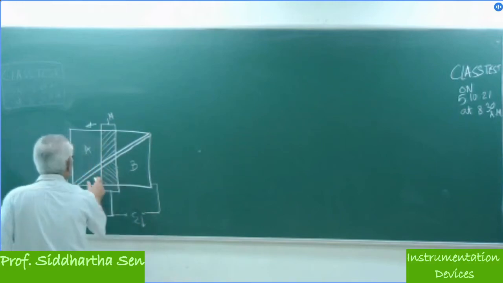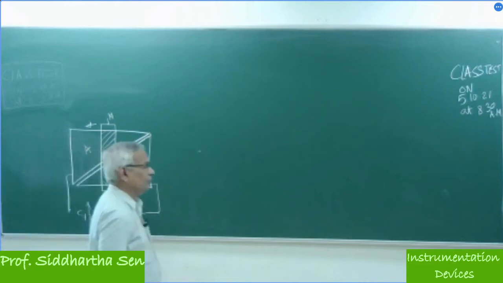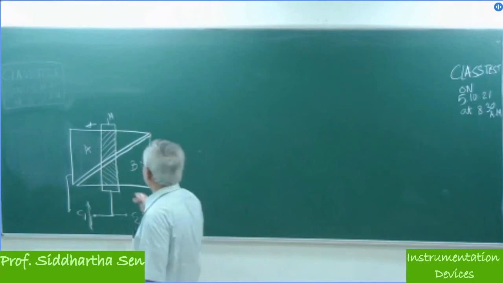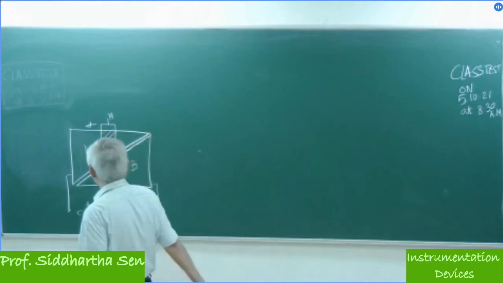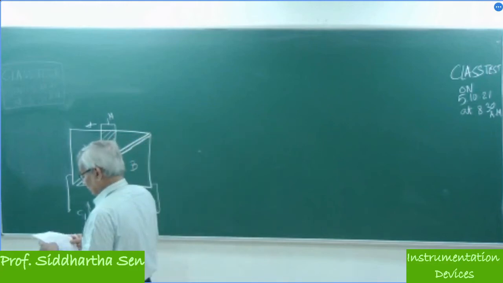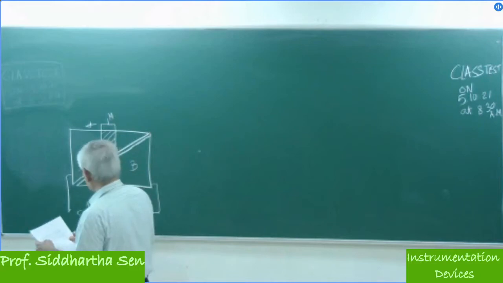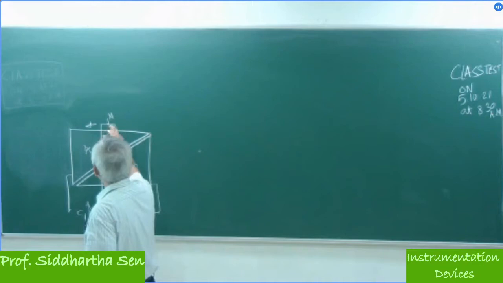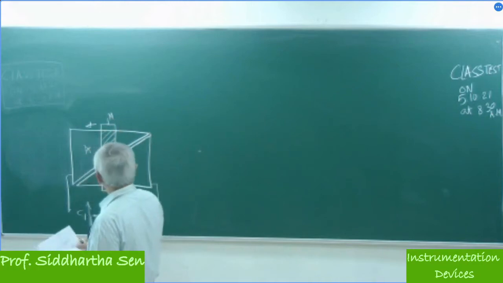So it's something like a parallel plate, a linear capacitance variation. When the moving plate is in the middle, naturally C1 has to be equal to C2.